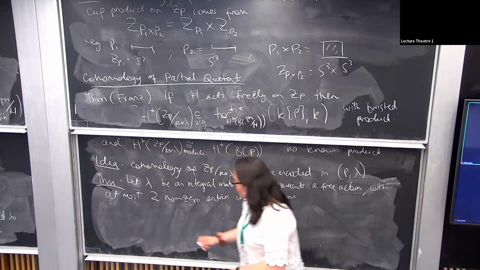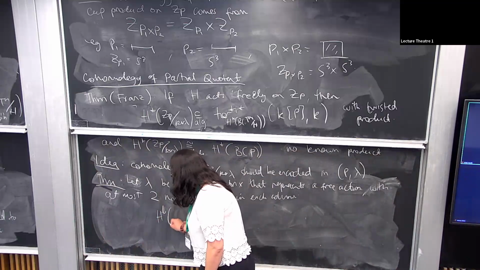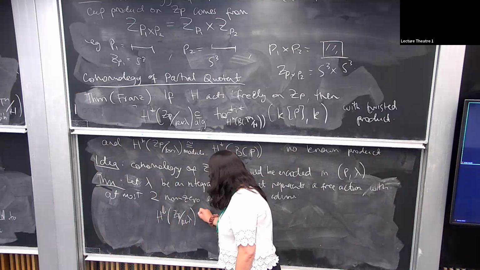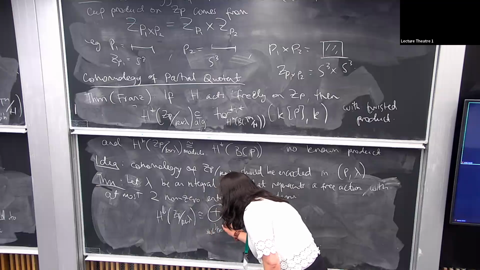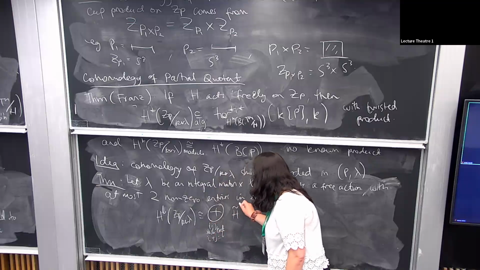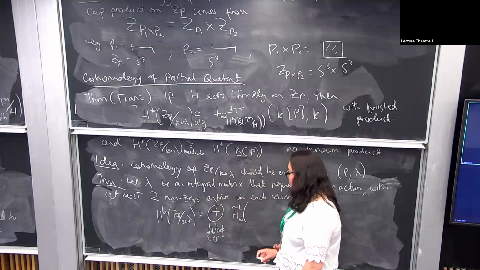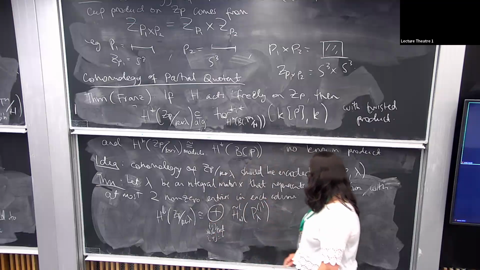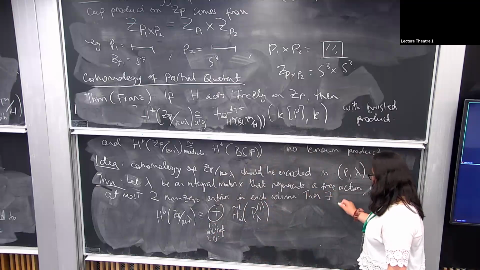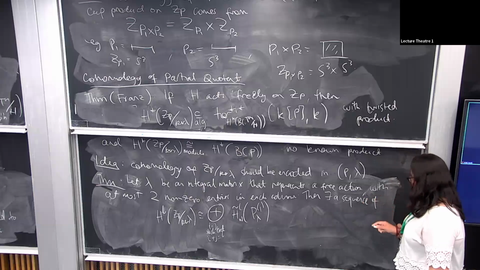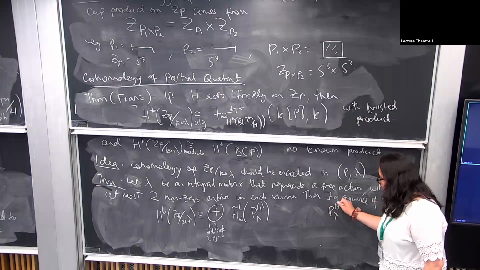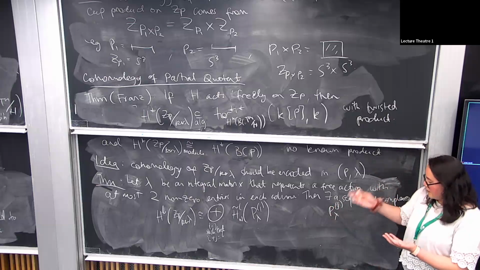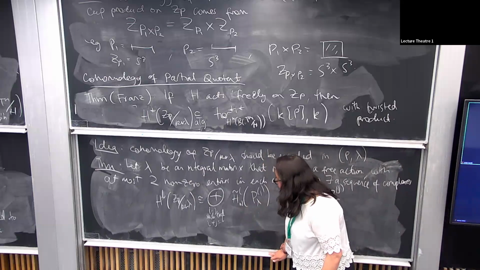Then in this case, the cohomology of the partial quotient is equal to a direct sum over I and J such that I plus J is equal to L, of H L, I'm adding a subscript W, I'll come back to this, of P lambda J. Then there's this sequence of vectors, P lambda J. So the sequence of complexes indexed by this J, and we want to take actually a weighted cohomology.